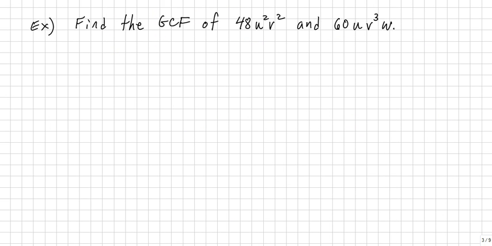All right, so let's give it a try. So let's find the greatest common factor of 48 u squared v squared and 60 u times v cubed times w. So what we want to do is write this as the product of primes. So let's start with 48u squared v squared.